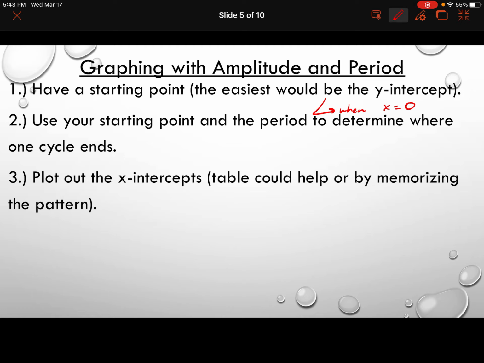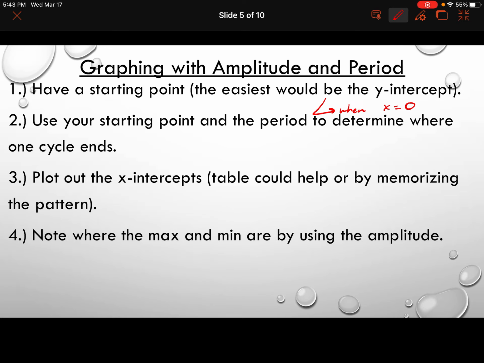Then you fill in the values in between by using a table. That's step 3. And then step 4, you make a note of where the minimum and maximum values of the function are, given the amplitude. I call this the 5-point technique.